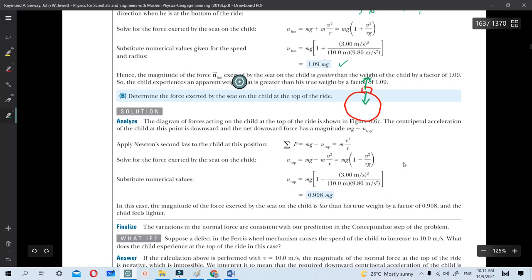Normal force minus mg is negative mv squared over r. It looks different, but this is positive because now we times the expression by negative 1. mg minus normal force is equivalent to mv squared over r.